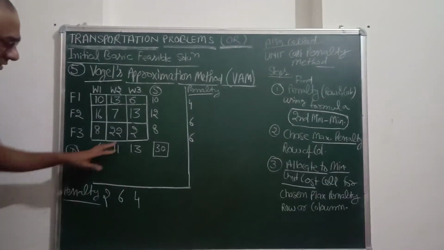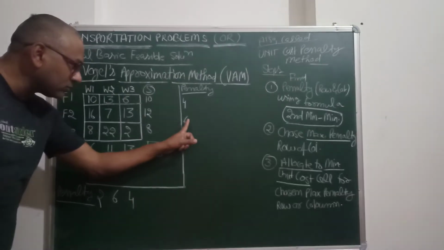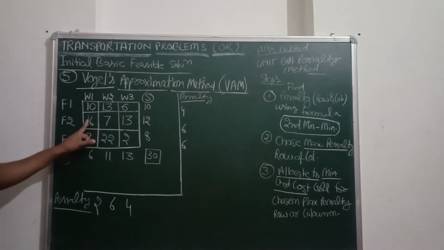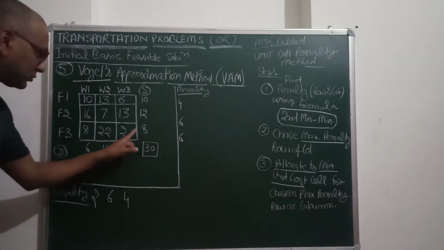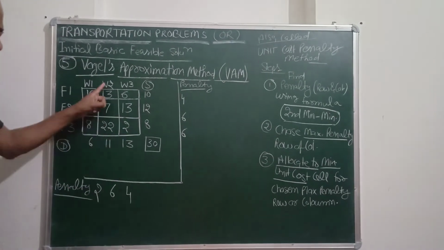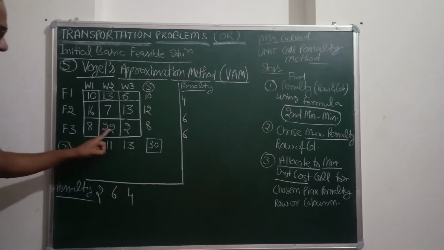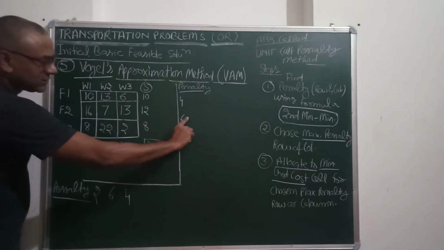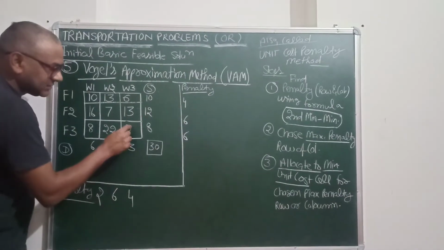Okay, so in this case, if you will choose this 6, the value is not minimum. If you will choose this 6, the value is 2 here. Okay, and if you will choose 6 here, the minimum cost is not 2. So the minimum cost against these 3 6's is 2.